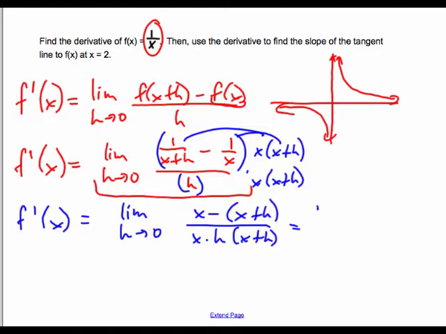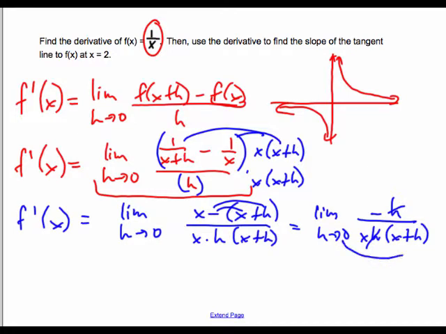I need to manipulate the top to simplify it. And I can see if I do that, minus x minus h, the x's will cancel out and I'll have negative h. And now I'm ready to cancel. My h cancels out. And I'm ready to do the derivative. As h approaches 0, the bracket will become x, and so my derivative will be negative 1 over x squared.